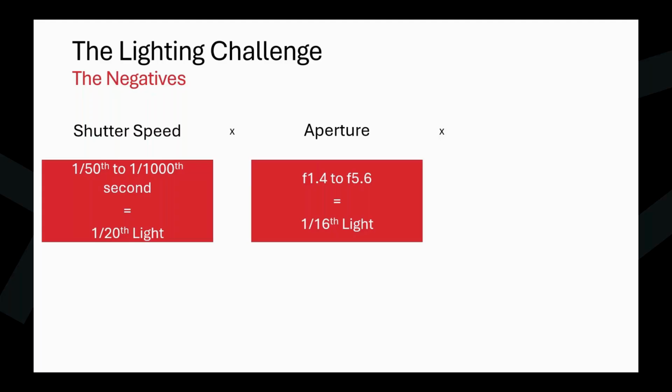If we then look at f-stop, if you're looking to cover a stretch of road, for example, and you need to zoom in, you're changing the f-stop value, then you might look at a further 1/16th of the amount of light. Filter losses: every time you put a filter over your camera or the lighting, you reduce the amount of light that's going to travel through. And so you're looking at another 9/10 of the light.